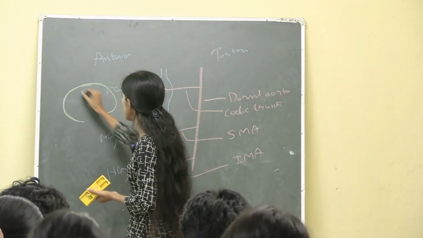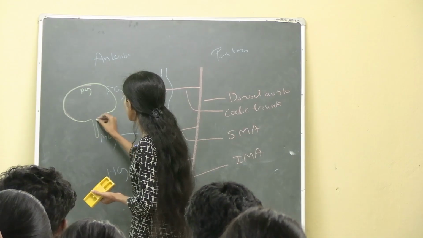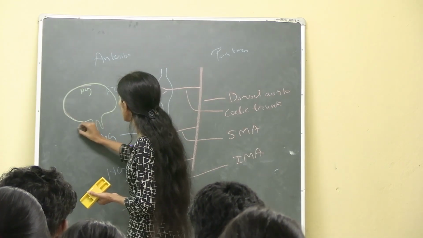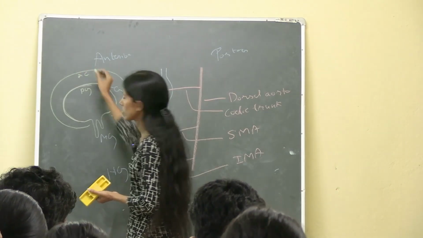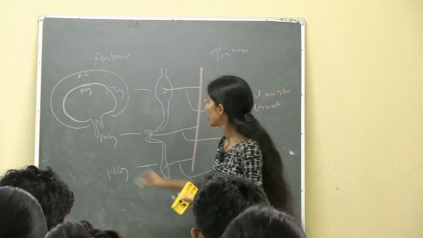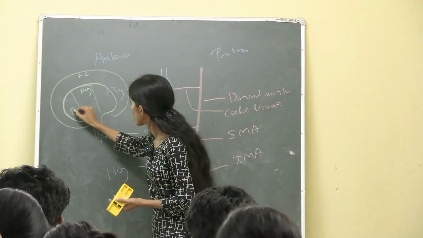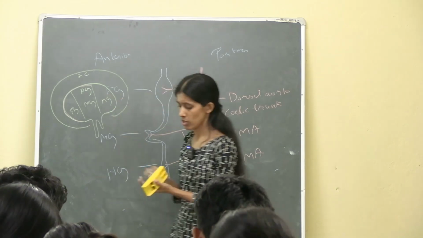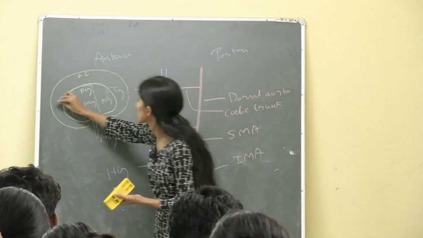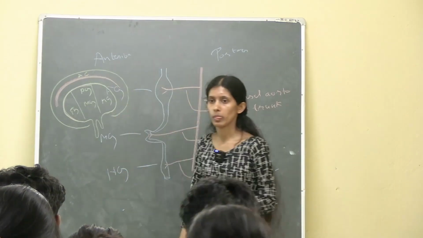this is the primitive gut part. On the outer region we have the amniotic cavity, right? And this primitive gut is divided into three parts: foregut, midgut, hindgut. So your dorsal aorta is present here like this.